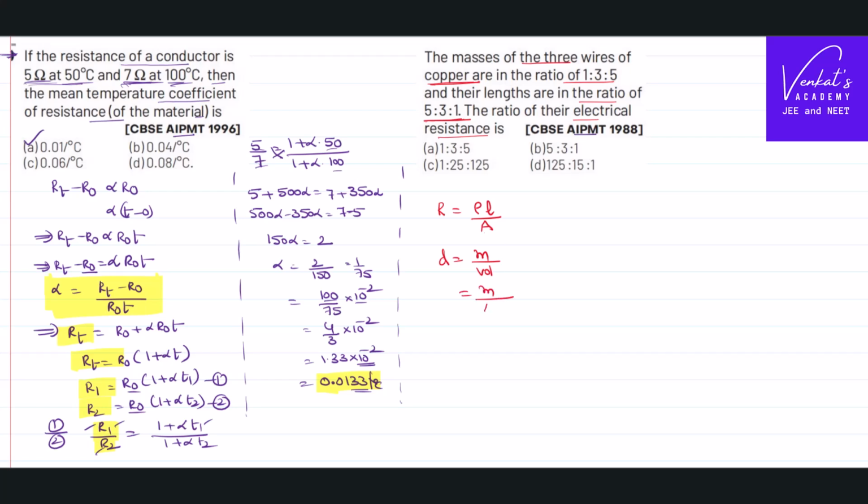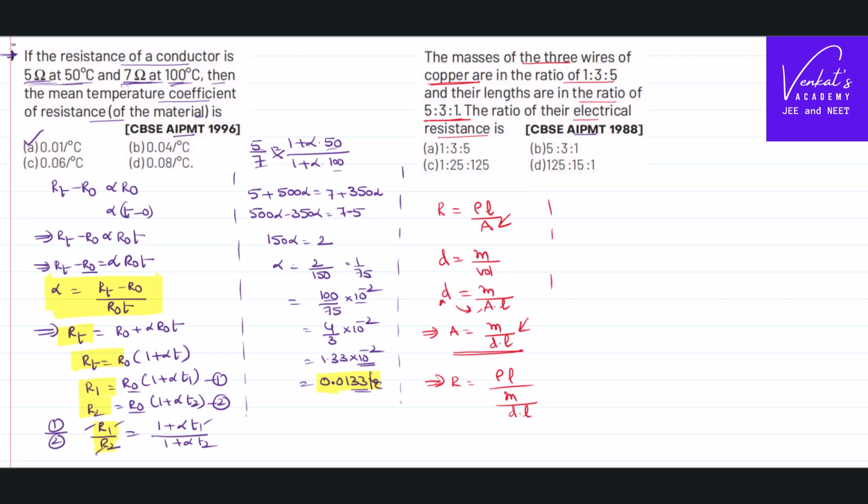Volume can be written as area of cross section times length. So in the place of area I can write mass by density into length. I have taken A to this side and density to that side. Substitute this A: resistance equals rho L by, in the place of area, mass by density into length.